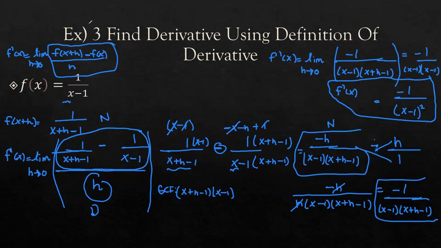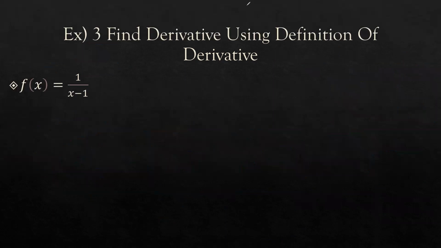And let's move on to the last one. Example 4. Find the derivative using the definition of derivative. Again, I'm going to write out the rule again.